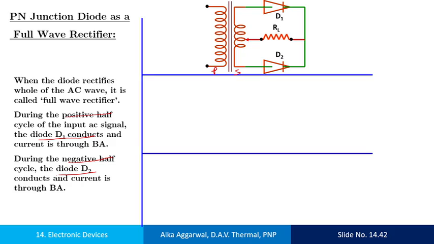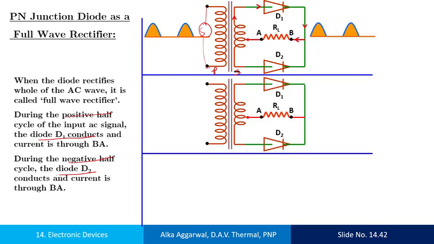The AC to be rectified is connected across the primary and voltage is induced across the secondary due to the mutual induction. And let during the positive half cycle, this end is at positive potential with respect to S2.